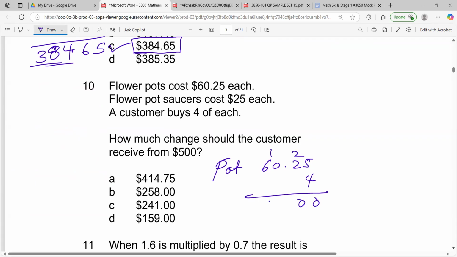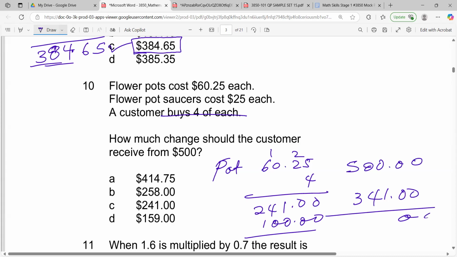So that will go to 400, plus 1. And then 4 times 6 is 24. So that's going to cost $241, right? And now we're going to buy 4 for $100, right? That's 25 each. So in all, we're going to spend $341.00.